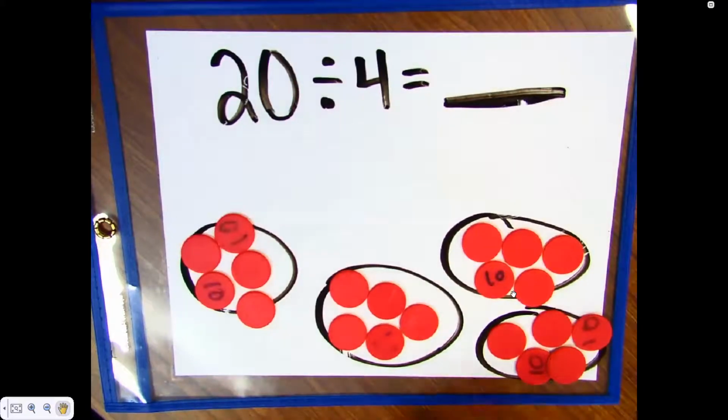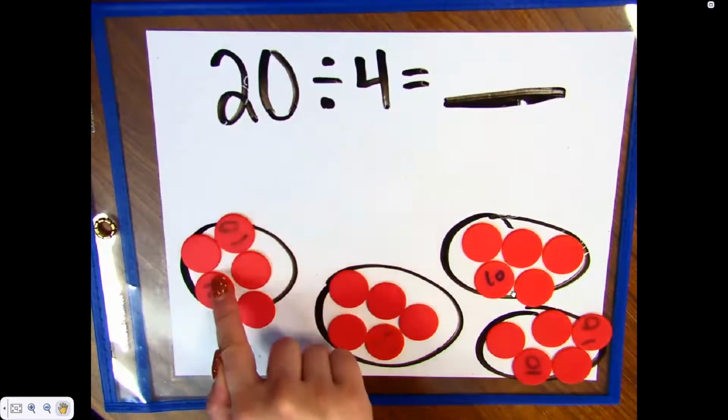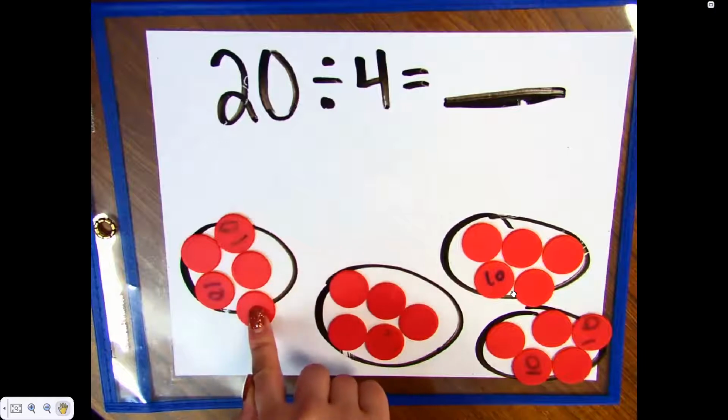All right, so how many are in each group? Dimitri, how many are in each group? 5. 5, right? Because I have 1, 2, 3, 4, 5 counters.